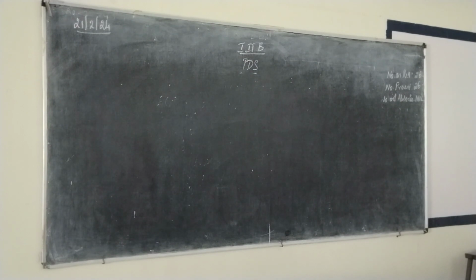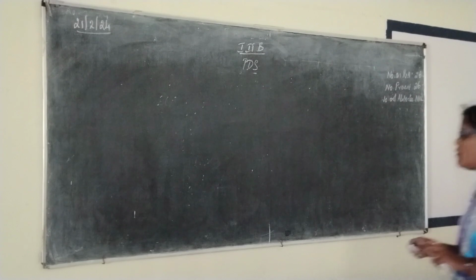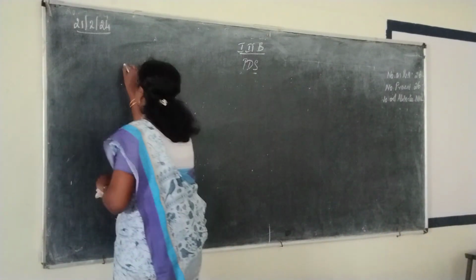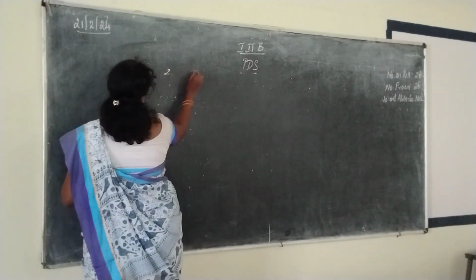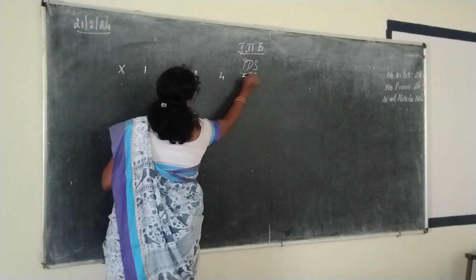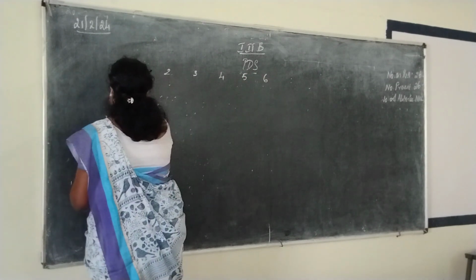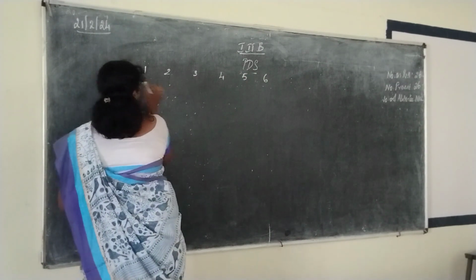So what is the problem given here? The number thrown when you throw a die. What are the possible numbers? 1 to 6. So the possible x values are 1, 2, 3, 4, 5, 6. Can you identify the corresponding probability value?